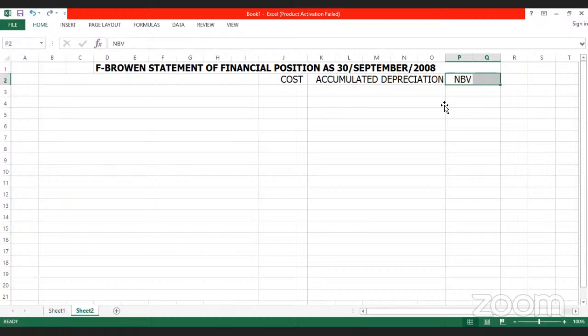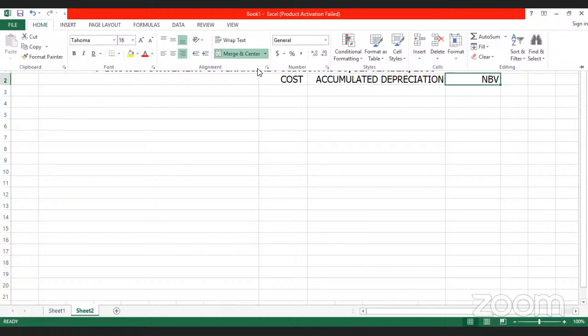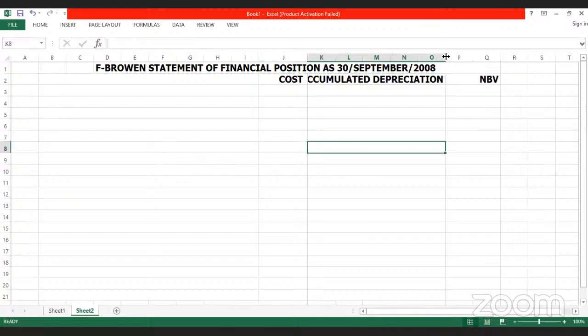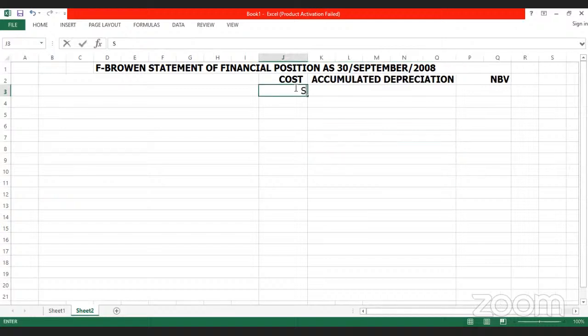So we always have to come up with all those 3 columns. So that is my statement. Already the amounts are in shillings, as we all know.